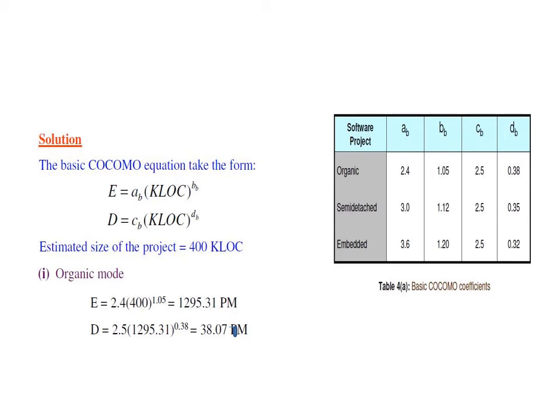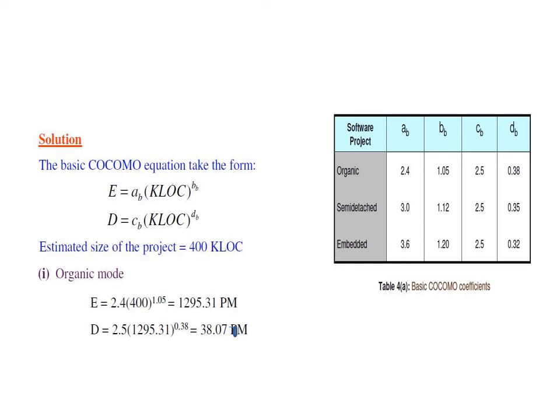Once the effort is estimated, we can estimate the duration also, and duration is c into effort raised to d. Okay, it is not KLOC raised to d. Duration is c into effort raised to d.